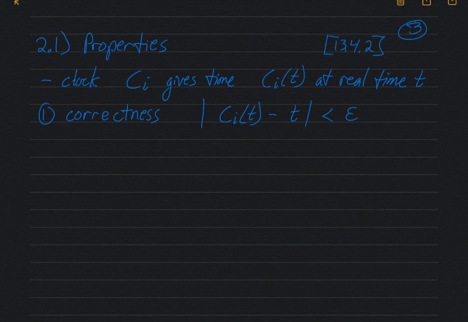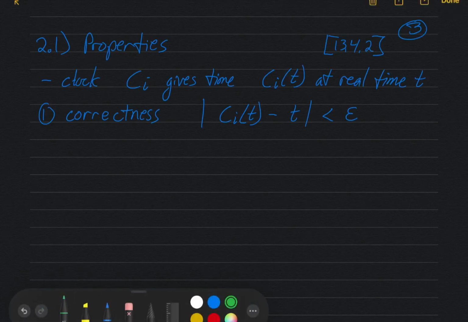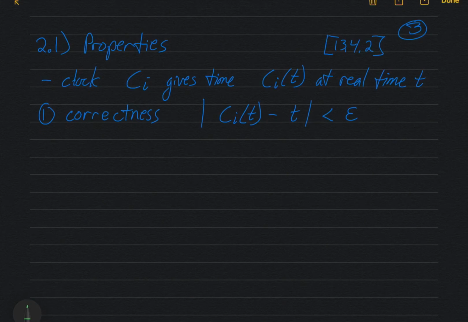That's our error bound. So in other words, an absolute error bound.